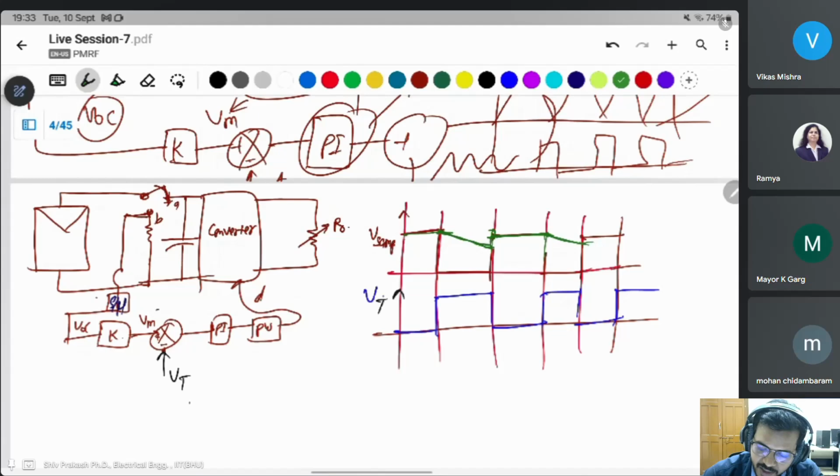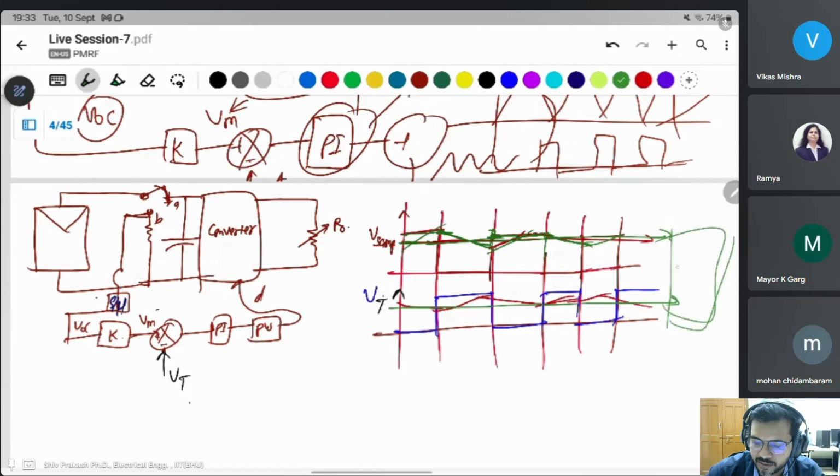Then this is an approximately continuous signal you can track. The same thing is here also. It will look like this because of the capacitor. It will not be continuously charging. That's why it is taken as a constant value for both, and this is tracked using a PI controller. This is a method to take the maximum power.